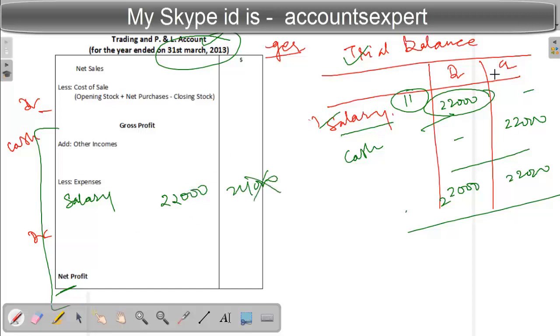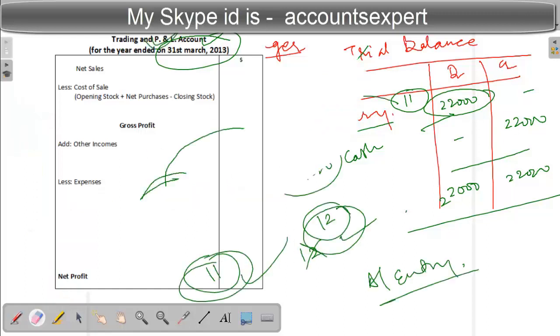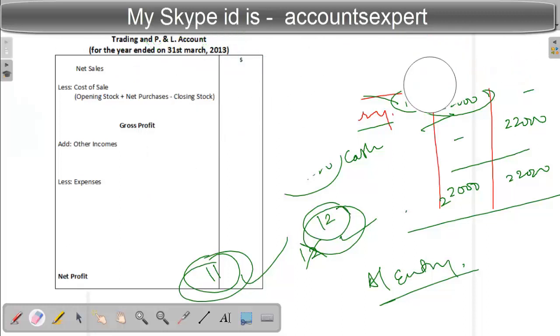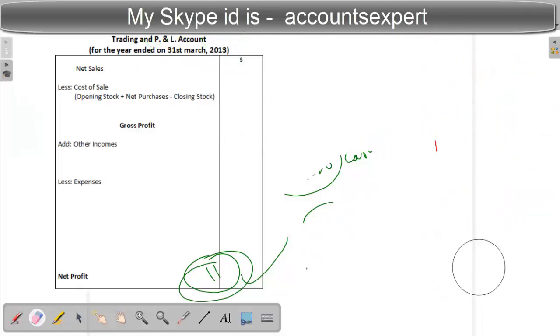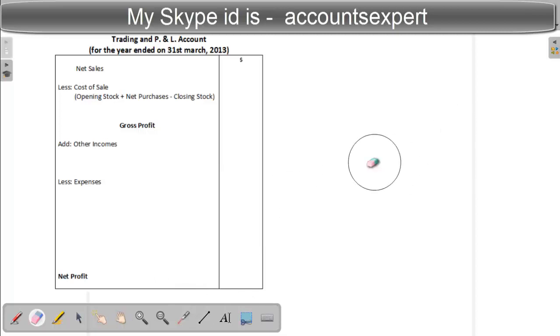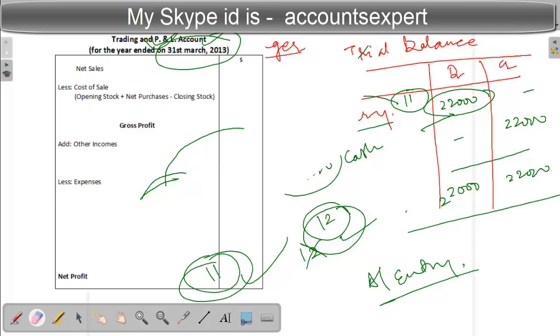And if you show salary here at 22,000, then the P&L will not give us a result of 12 months; it will give us only the result of 11 months. Again I am repeating, if you will not pass the adjustment entry, then the P&L will not show the result of 12 months.